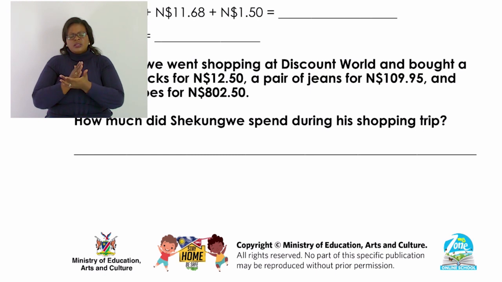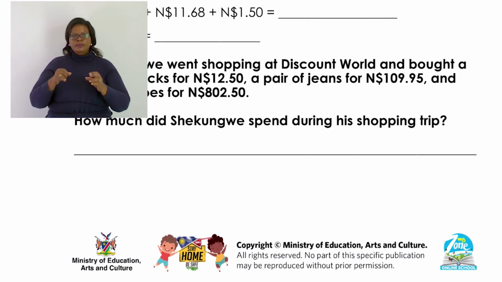What type of property will you use? Because you have to add. And then after that, you add them in a way to make it easy. Which 2 numbers will you first add to get a rounded number? And then from there, you can add the next number. I hope you will enjoy this activity.